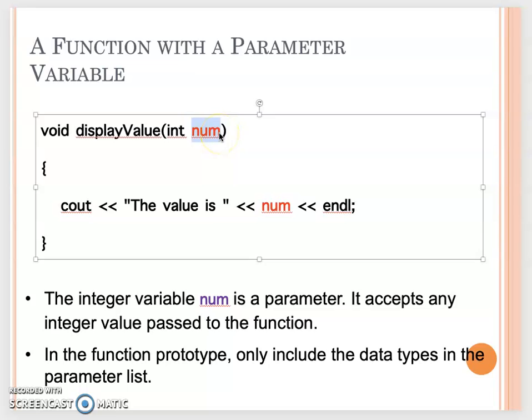If you have more, just like we showed you earlier, you can add a comma, then continue with your data type and variable name. So the integer variable num is a parameter, used to accept any value you pass. This num variable can only be accessed within the function. After the function finishes, this num variable is gone.